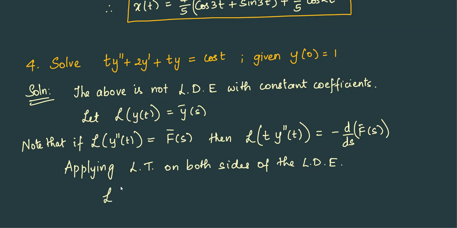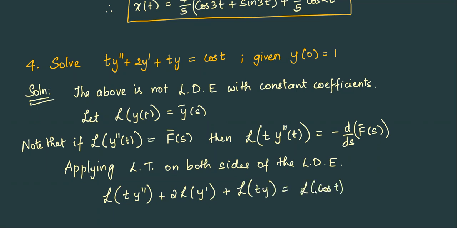We get Laplace transform of t y double dash, plus 2 times Laplace transform of y dash, plus Laplace transform of t times y, is Laplace transform of cos t.